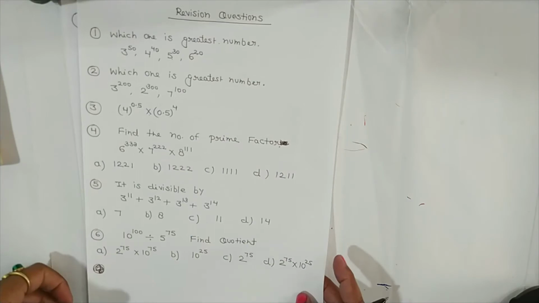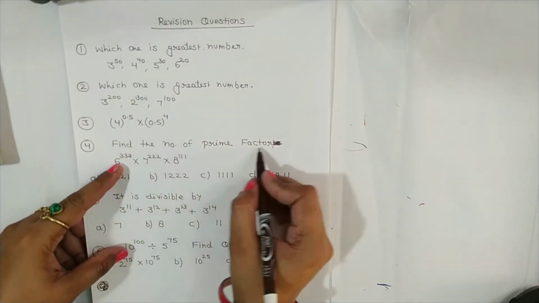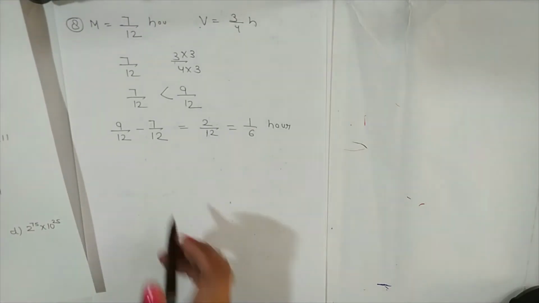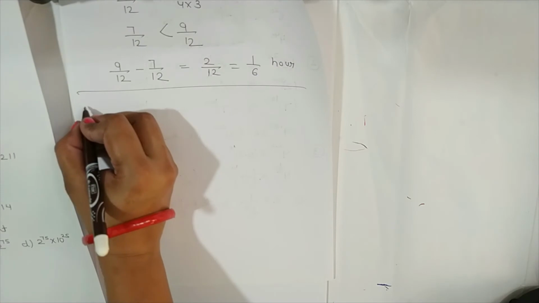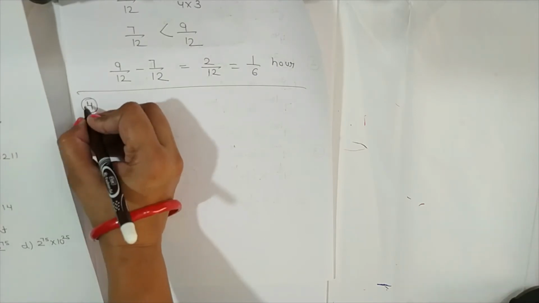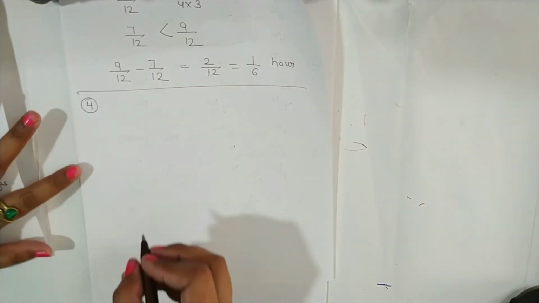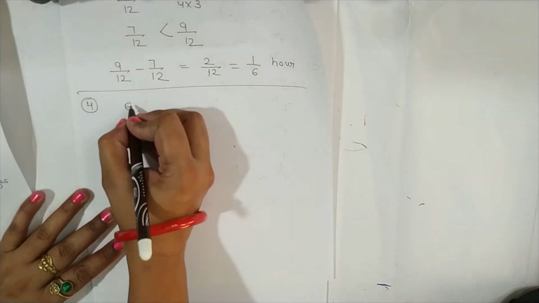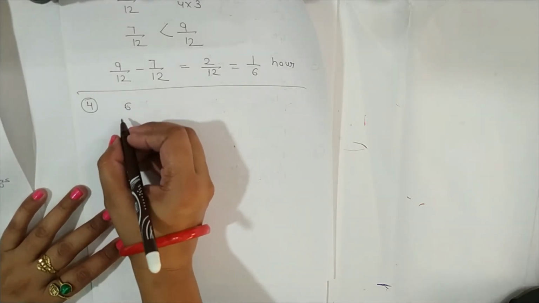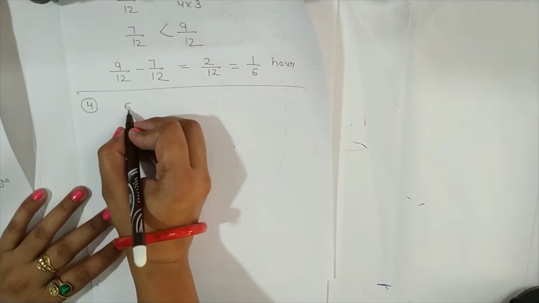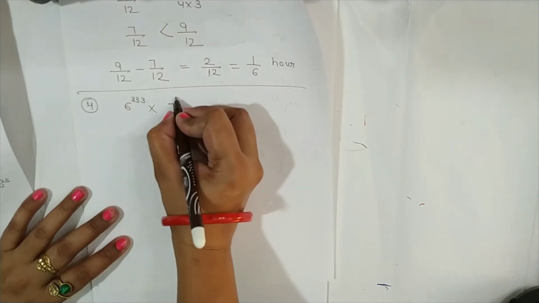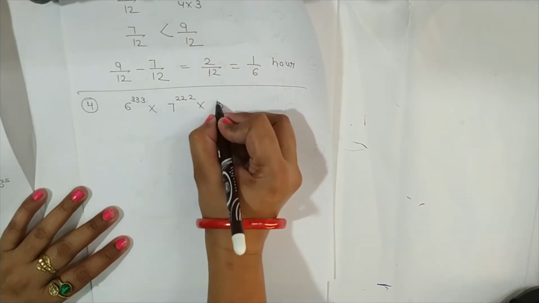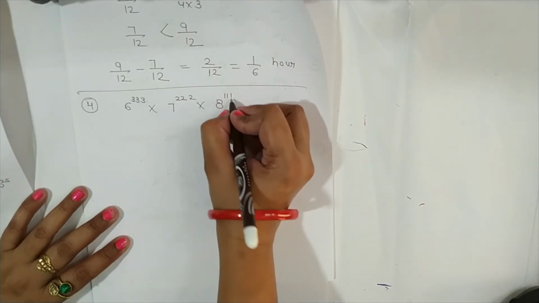Now the next question, question number 4, is to find the number of prime factors. So we have to count the prime factors. 6 is not a prime, so convert it into primes. 7 is a prime number. Then 8 is also converted into primes.